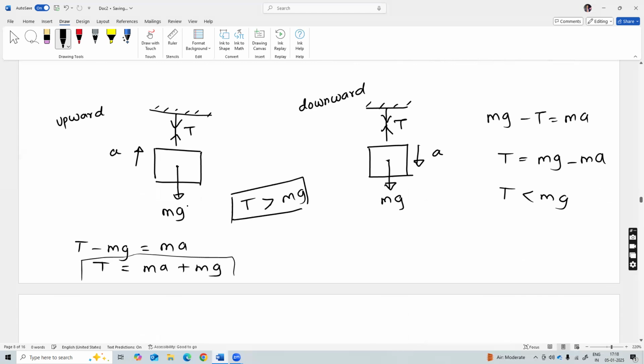So when the lift is moving in upward direction, we know that T is equal to ma plus mg. Here T is 28,000. Ma is unknown, but what they have given is the mass of the lift. So 2000 into acceleration a plus mg, which is 20,000. From this we get a is equal to 4 meter per second square if you solve this.